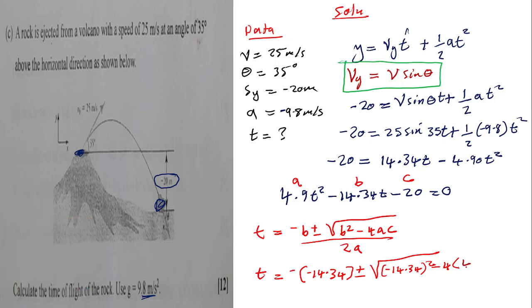So 4.9, and then you're going to have negative 20, and then there you say over 2 times a, which is 4.9. So these are the values you are going to plug in your calculations.